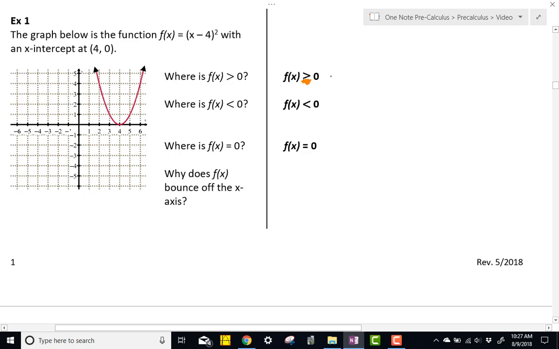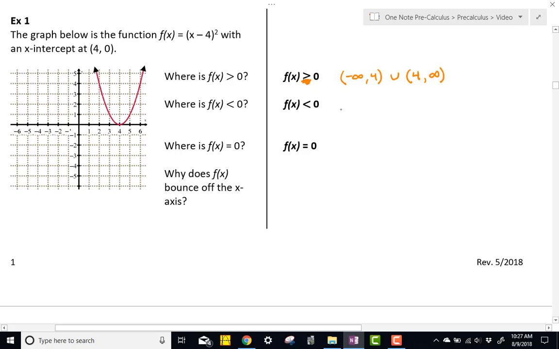So this graph is greater than 0 in the intervals from -∞ up to 4, and you'll notice I'm not including 4 in there, and then again past 4, so we don't include 4, up to +∞.